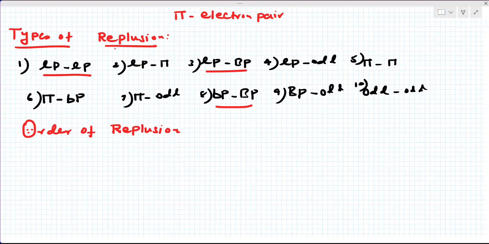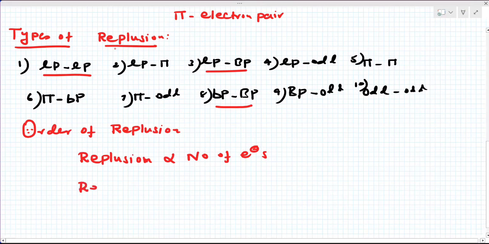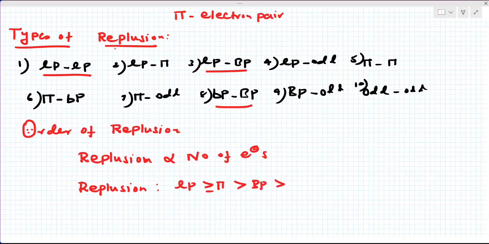First point, very important: repulsion is directly proportional to the number of electrons. As the number of electrons increases, repulsion increases. Generally, the repulsion order is lone pair more than pi bond, sometimes both are the same, then bond pair, and finally odd electron.